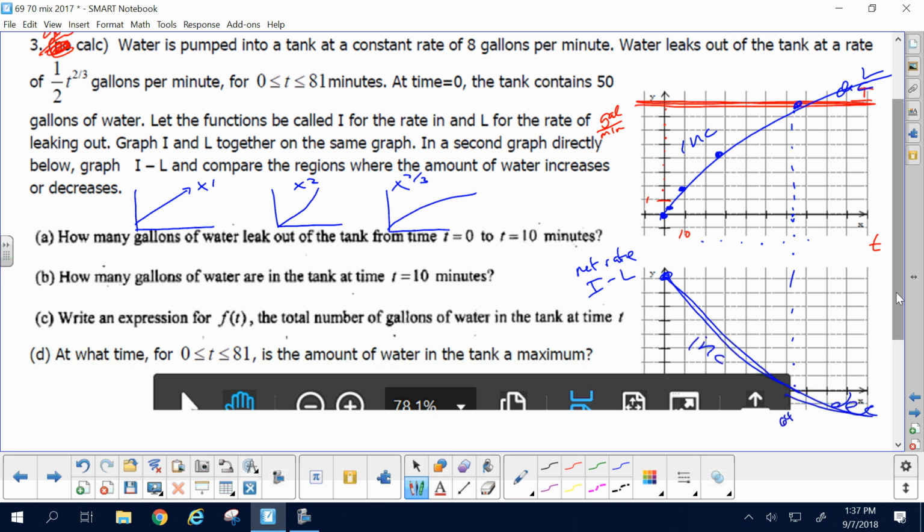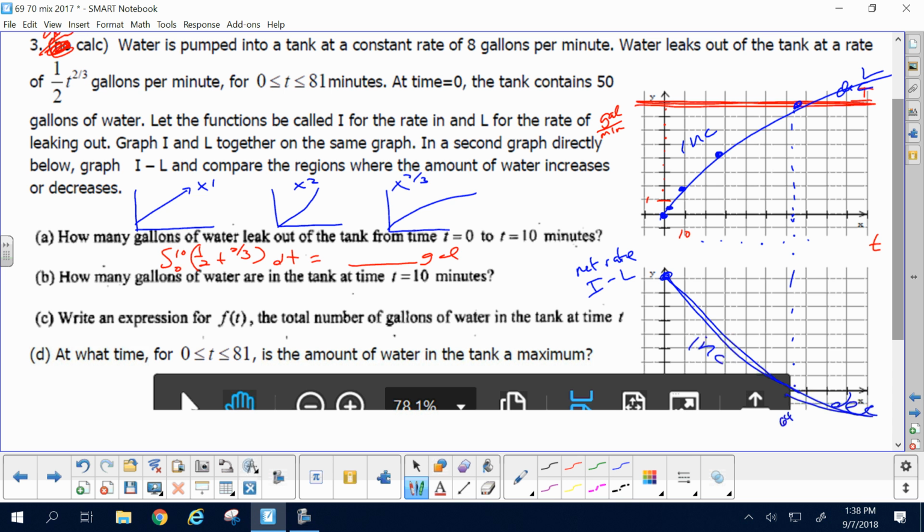It's doing different gallons at all these different times. So I have to make lots of little calculations of gallons per minute times little bits of minutes, which is an integral. From when to when, 0 to 10. And what are the units on that answer going to be? Don't worry about the number. What are the units? Gallons.